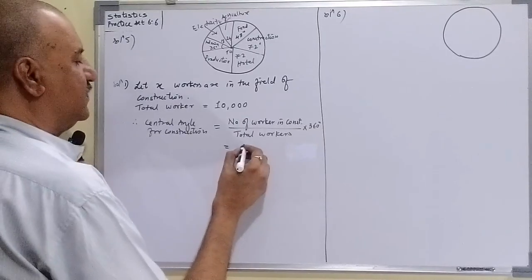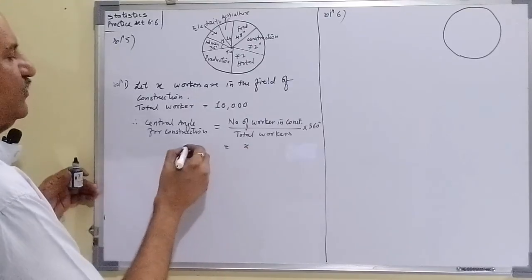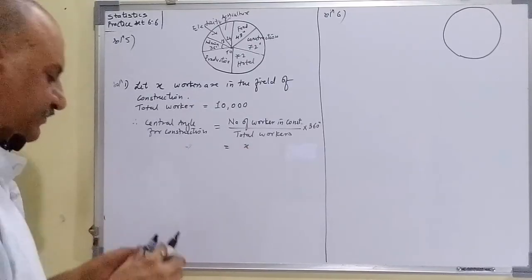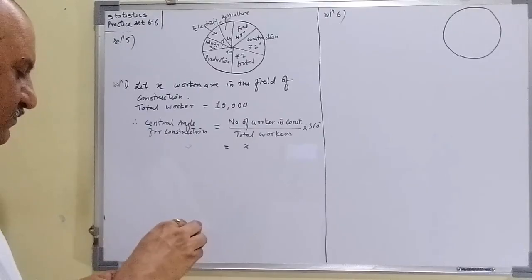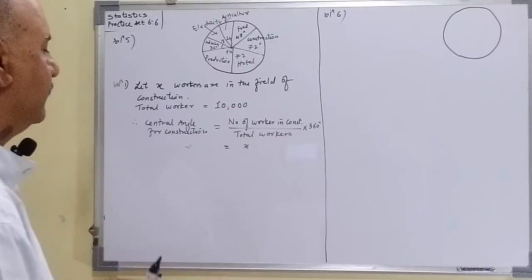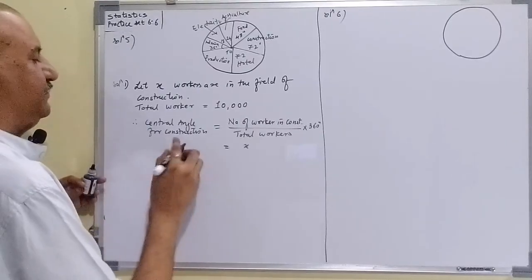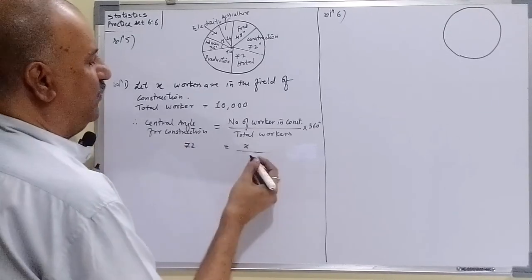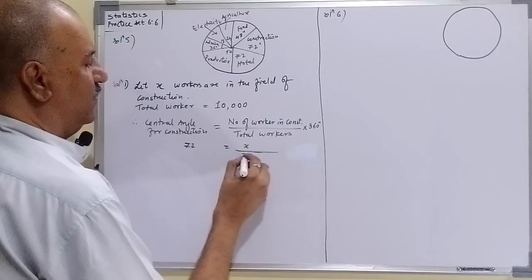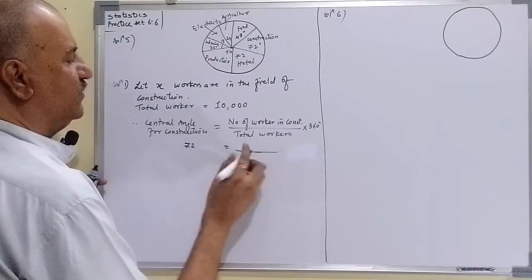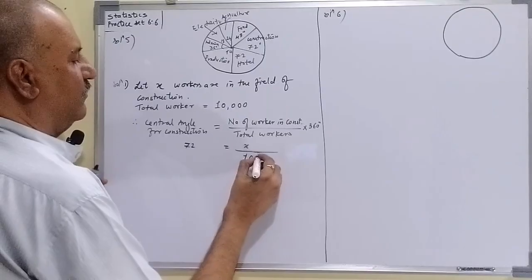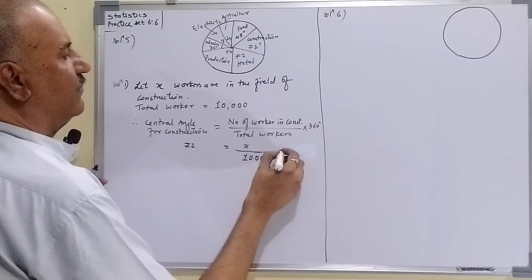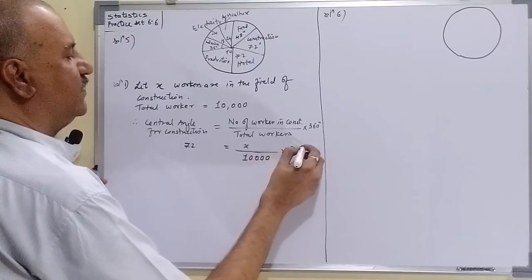So this will be x. Central angle is given to us, 72. Central angle is 72 upon 10,000 into 360 degrees.